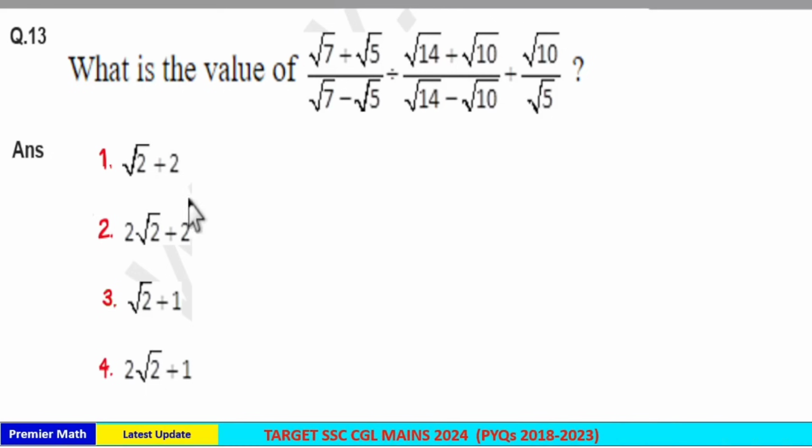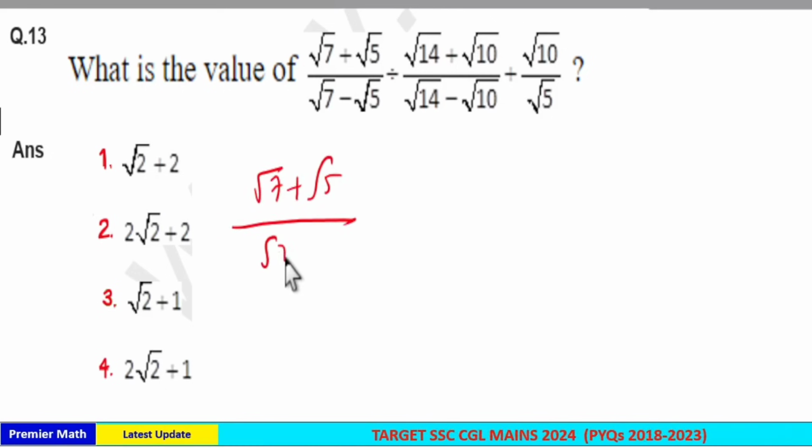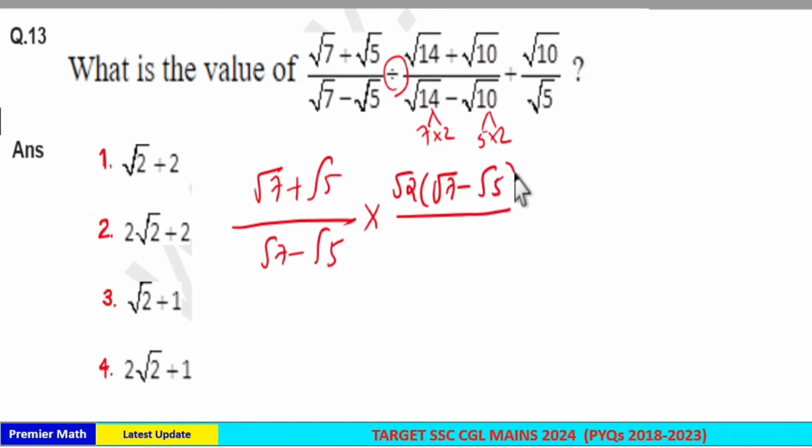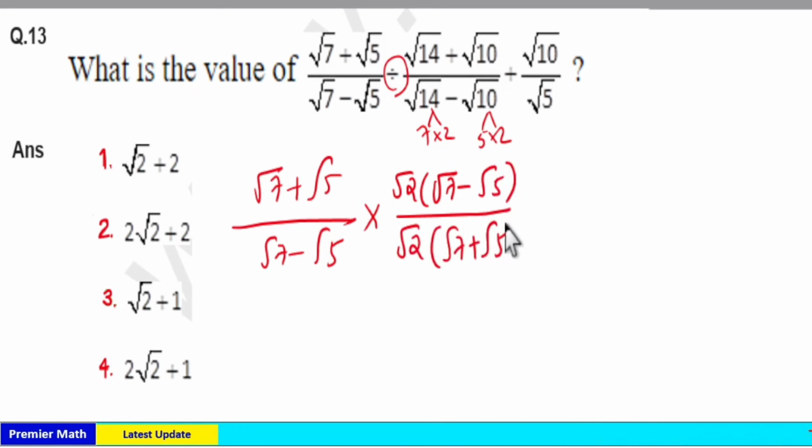What is the value of the following? Here root 7 plus root 5 divided by root 7 minus root 5. Here divide by 10, I will write it as multiplication. Now you can see here 14 is 7 into 2 and 10 is 5 into 2. So you can take root 2 common. That is, this will become root 2 into root 7 minus root 5 divided by root 2 into root 7 plus root 5.